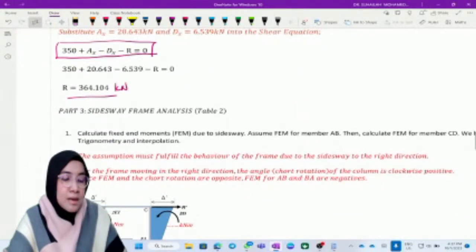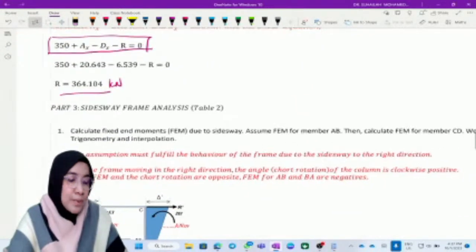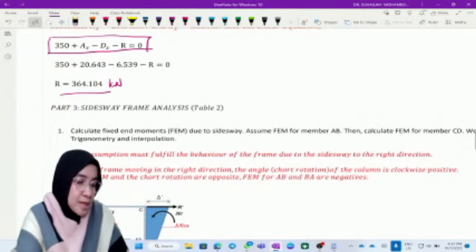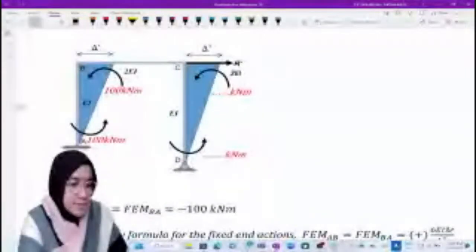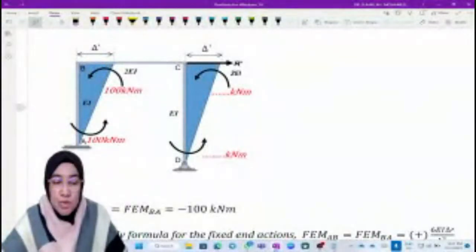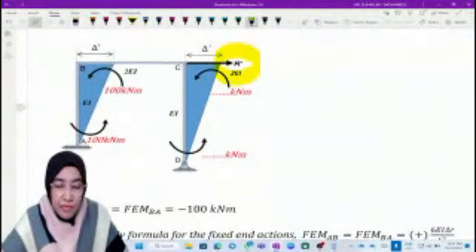I have put an explanation of the frame. It is the sidesway frame due to R prime.